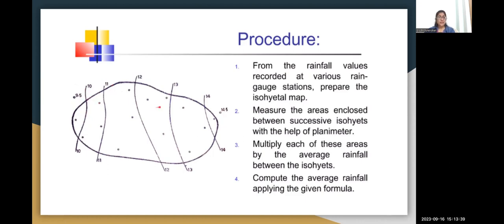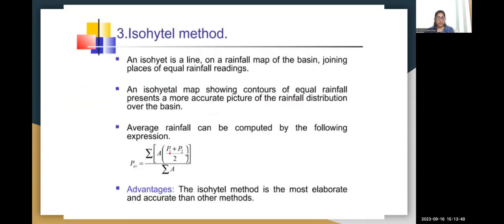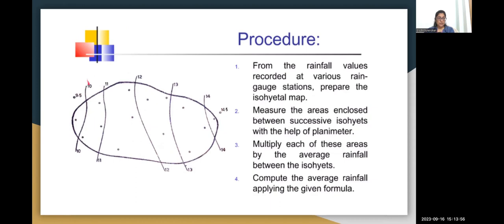Then once these isohyets are found, the area between two isohyets is found out by using a planimeter, and then this equation is used. P1, P2 are the values of the precipitation between the two isohyets. Suppose we are considering the area between the rainfall values 10 and 11, then P1 is 10, P2 is 11, and the area is this one.